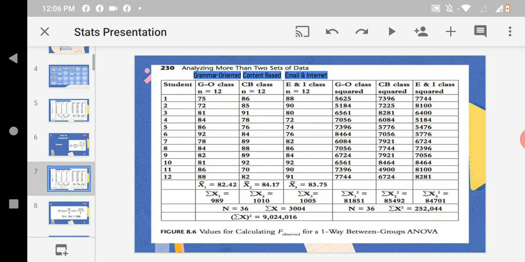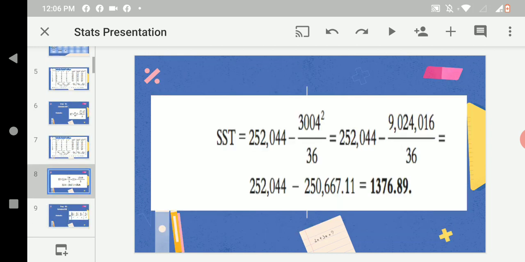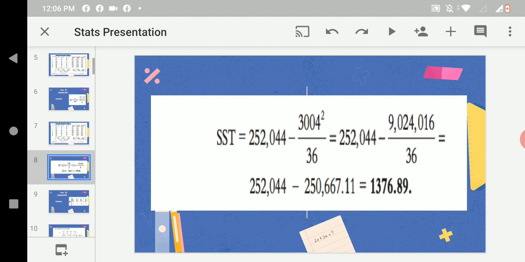And then, again, we have to substitute the N. What's the N again? The N is the total number of the data. So we have 12 students and 3 groups. 12 times 3 is equals to 36. That's why we have 36.